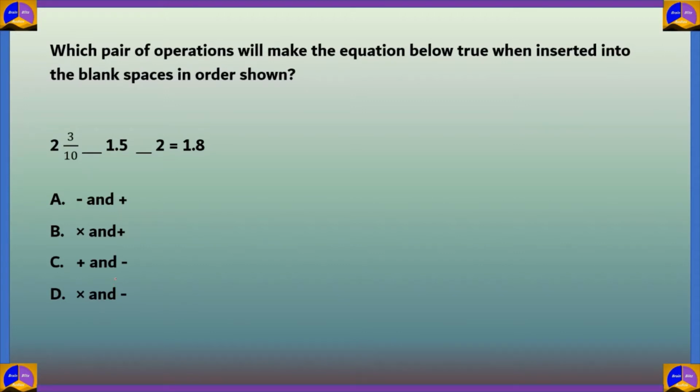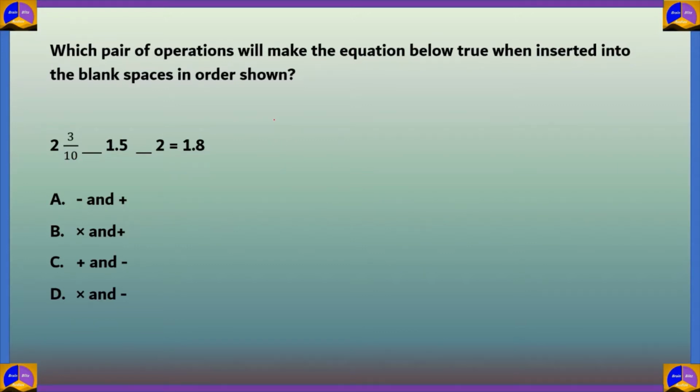Now first of all, we need to make all of these numbers 2 3 by 10, 1.5 and 2 in one single form. So we can either convert 1.5 and 2 into a mixed fraction, or we have to convert 2 3 by 10 into a decimal. Let's convert 2 3 by 10 into a decimal.